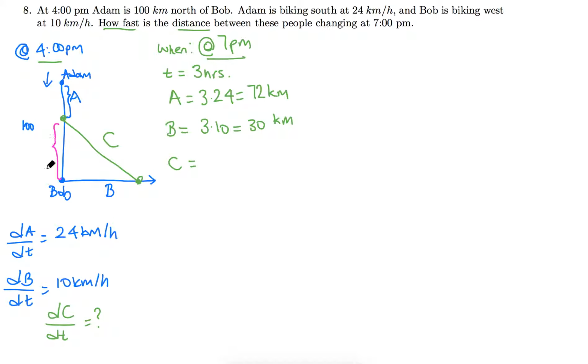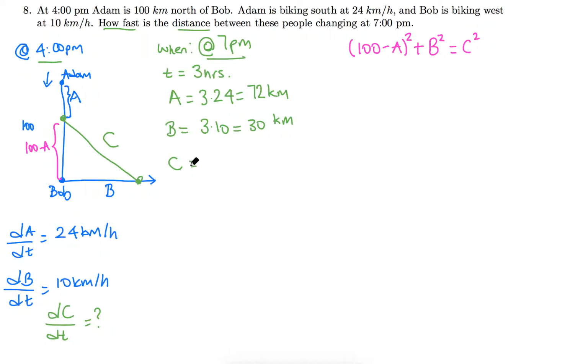Because the total was 100 here and Adam traveled A units, then the remaining part will be 100 minus A. So our triangle has sides B, C, and 100 minus A. Using the Pythagorean theorem, I can write (100 minus A) squared plus B squared equals C squared.